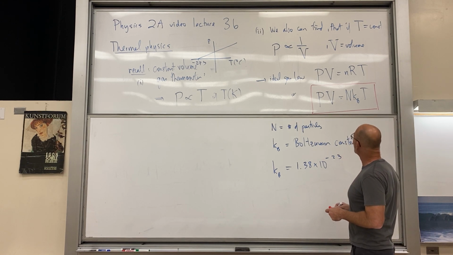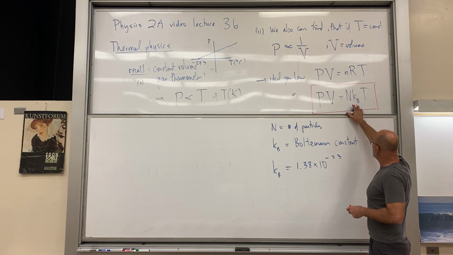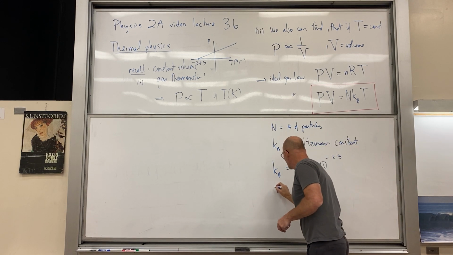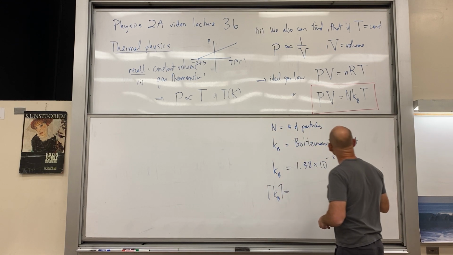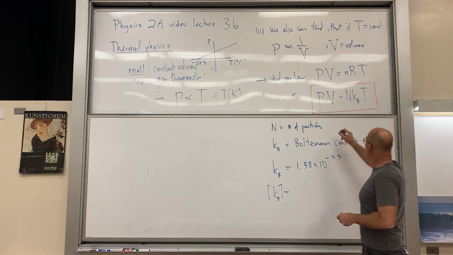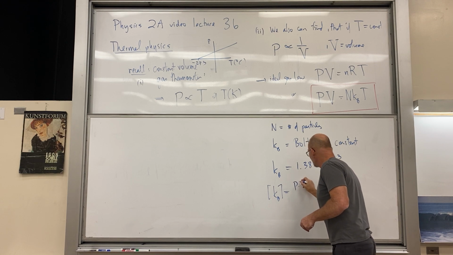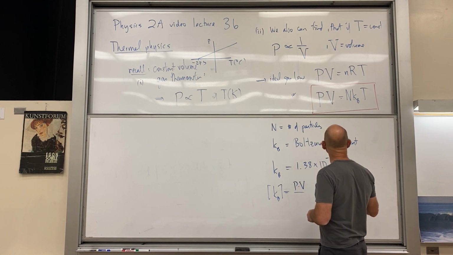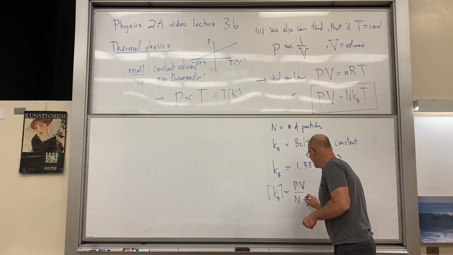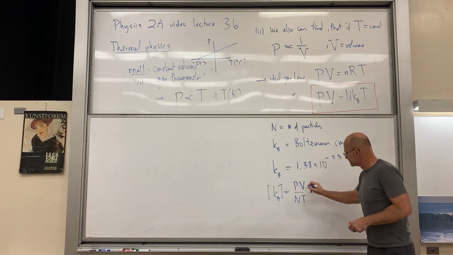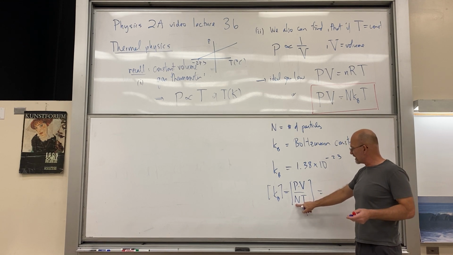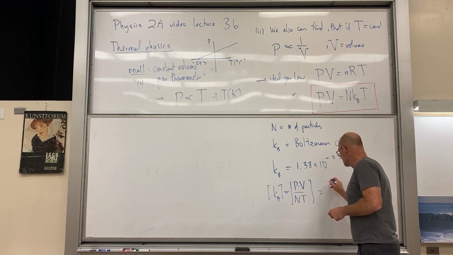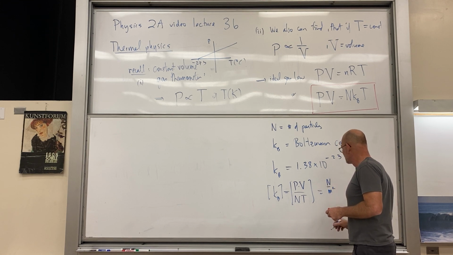Okay, that's what we always like to do. So what we'll do is solve for k Boltzmann here. Square brackets, we'll solve for that, so we'll have PV, P times V over N and T. Okay, the numbers are going to be dimensionless, right? So that's no problem. The pressure is newtons per meter squared.